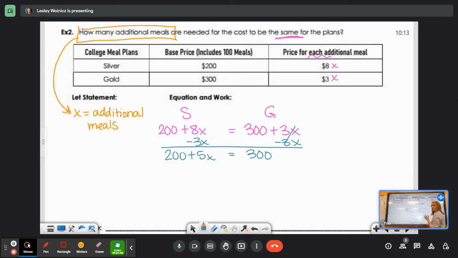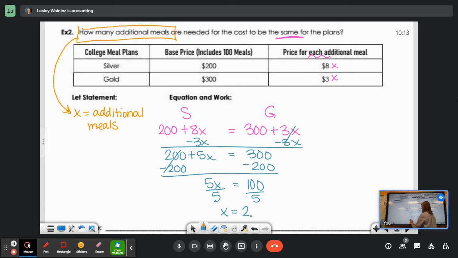Okay, I don't want 200 over there on the left with the x's. It's a constant. I'm going to subtract 200 from both sides. The 200 and the negative 200 cancel, and I get 5x equals 100. Okay, when I divide both sides by 5, I get x equals 20.